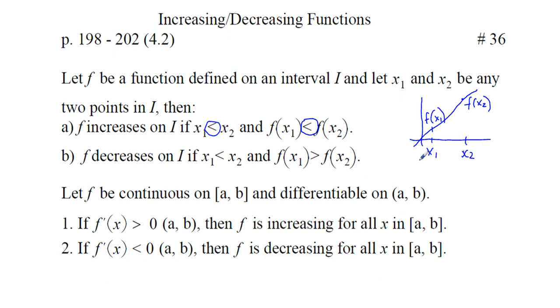And in a contrary manner, if we have a function that is decreasing for all x, as we go from x equals x sub 1 to x equals x sub 2, we're going to have x sub 2 be less.